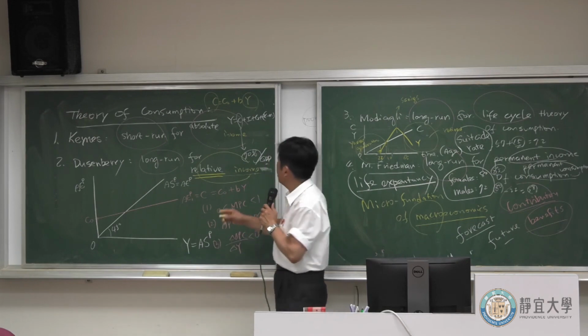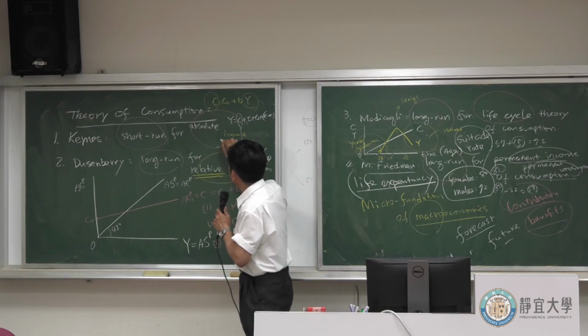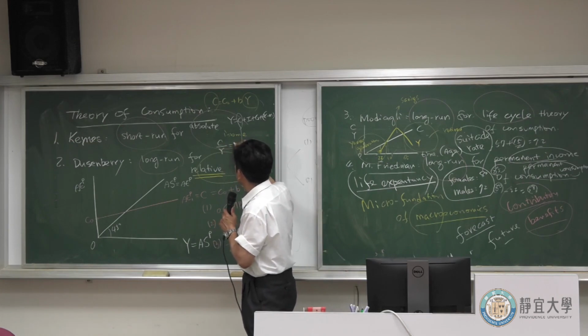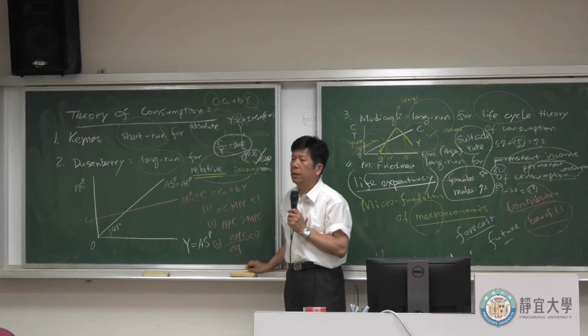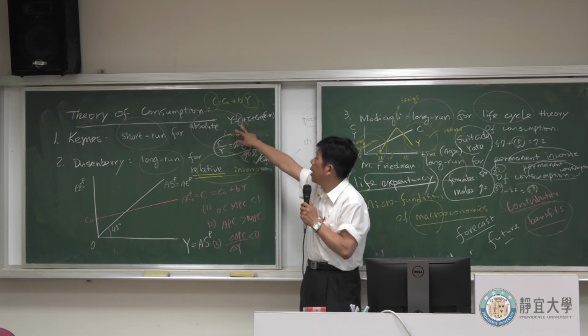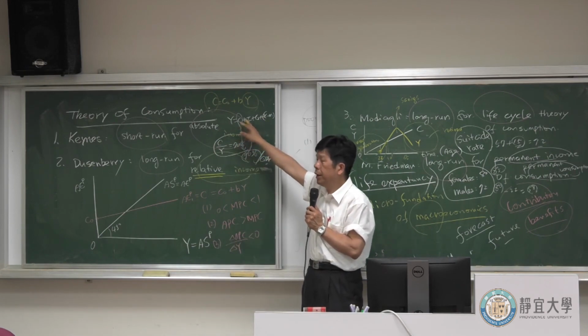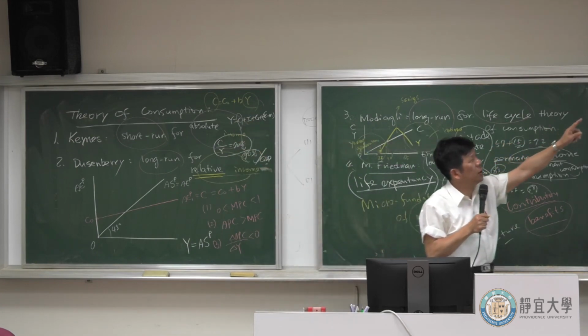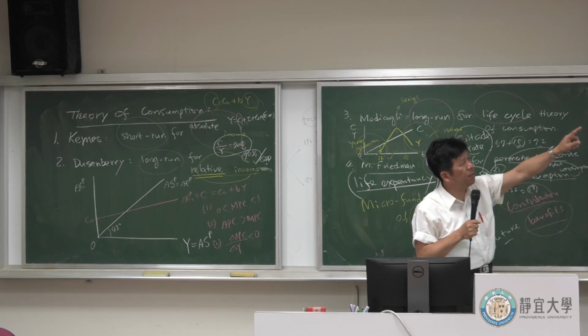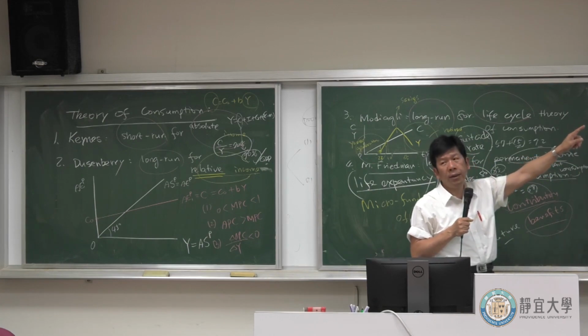So it means consumption is a higher proportion of GDP, about 70% of AD.